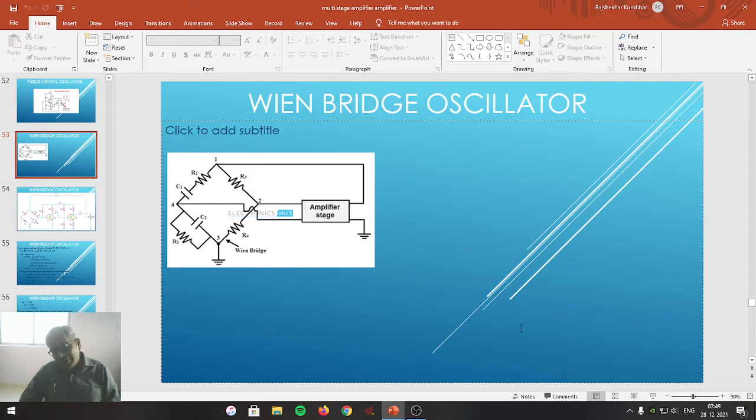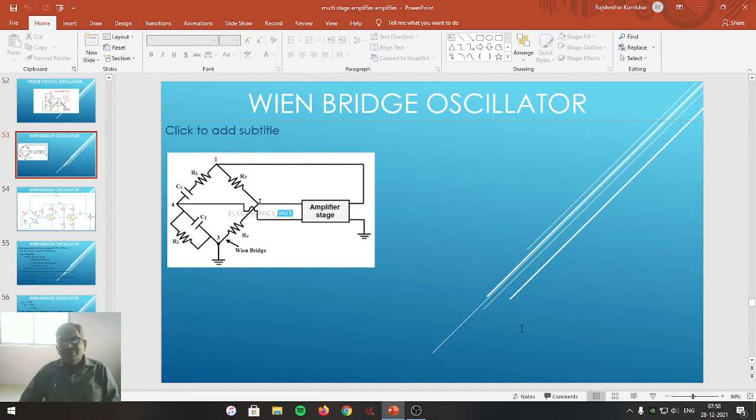Friends, up till now we have studied the LC oscillators or radio frequency oscillators that generate the frequency in a radio frequency range.